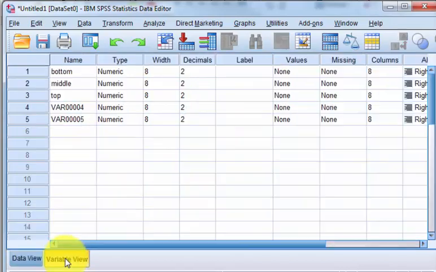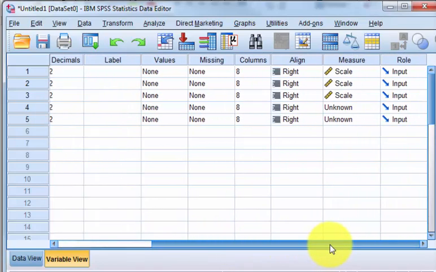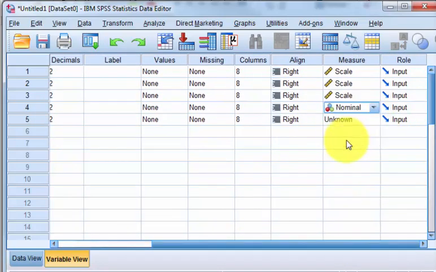I'm going to switch over to variable view. I'm going to name this one shelf. And this one, cupcakes. Yummy, yummy. And let's tell the computer what kind they are. Shelf is a categorical variable, and number of cupcakes is a scale.